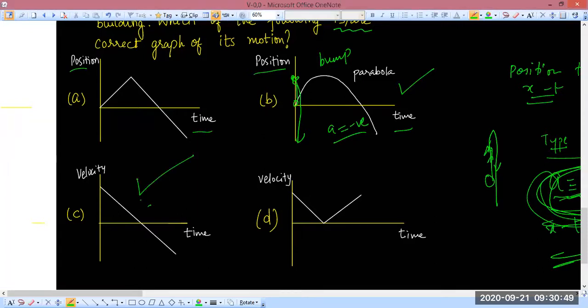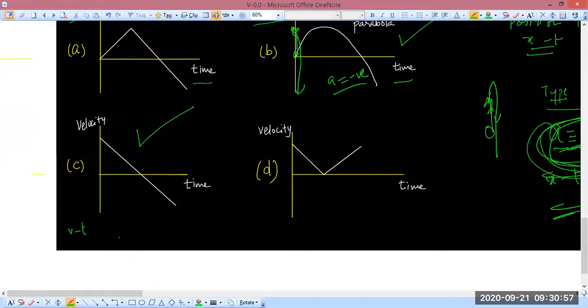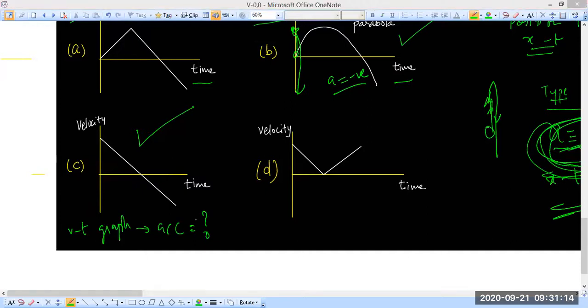C is the right answer, because from the VT graph, how do you find acceleration? Yes, slope of tangent. So acceleration is constant. It is never changing in this situation, right?